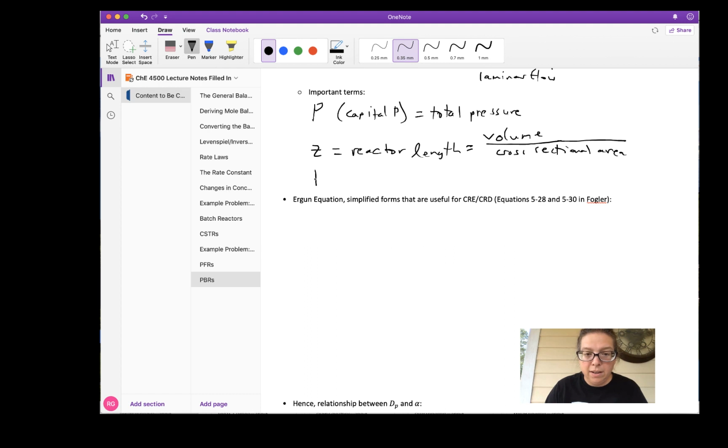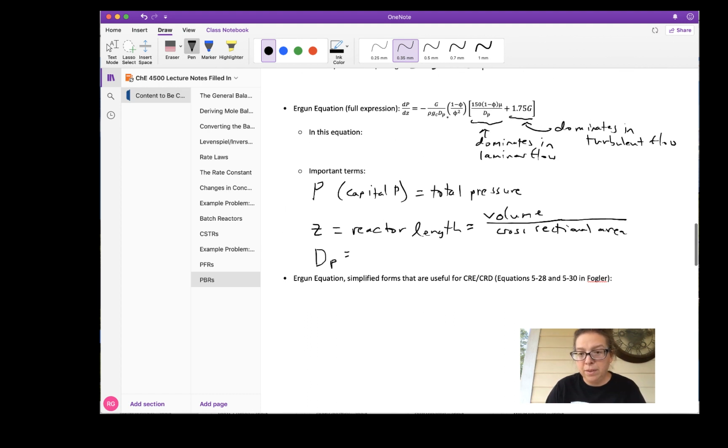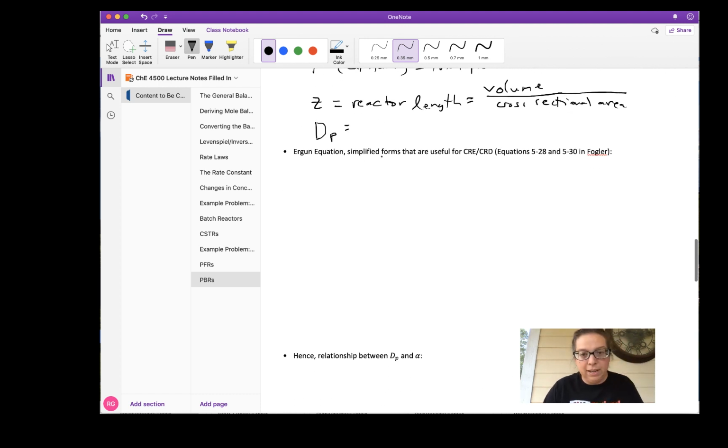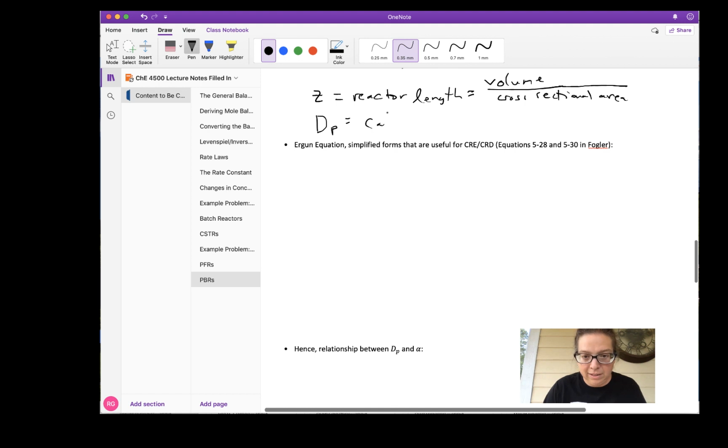And dP, if we go back here, is the diameter of the catalyst pellet, the catalyst pellet diameter.